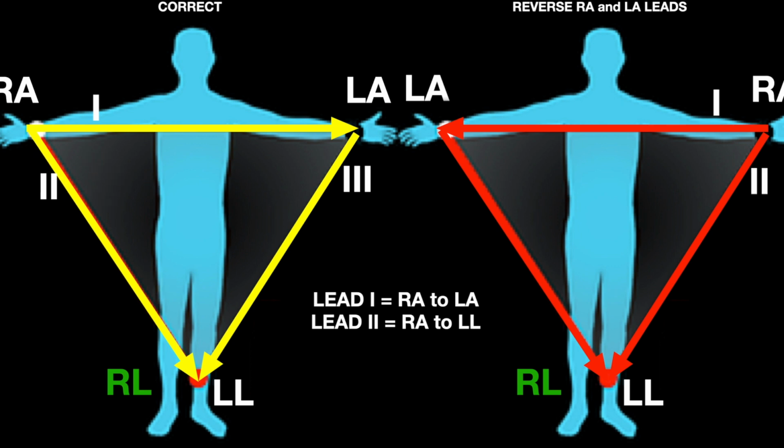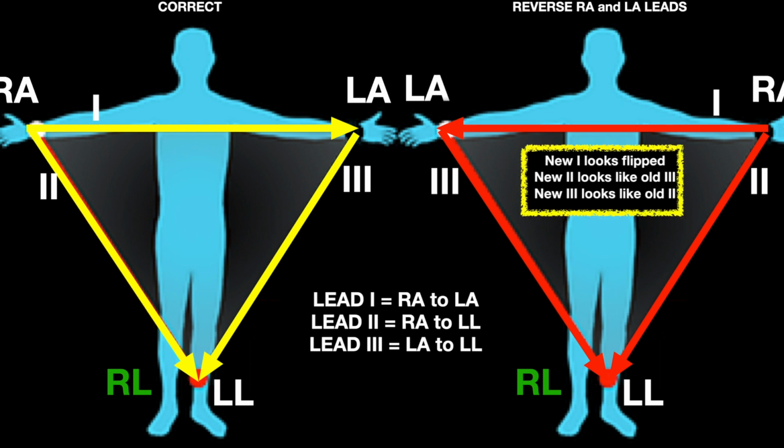So we'll call that lead 2, and then LA to LL is lead 3, which is now over on this side. So what you've essentially done is flipped lead 1 over. It's going in the opposite direction, so it flips over, and then lead 2 and lead 3 switch places. There again, 2 would be what's supposed to be where 3 is, and 3 is supposed to be where 2 is. And that's what you demonstrate on that EKG.